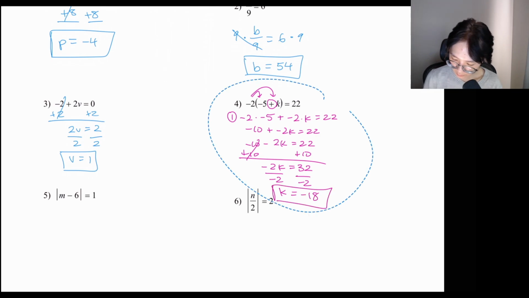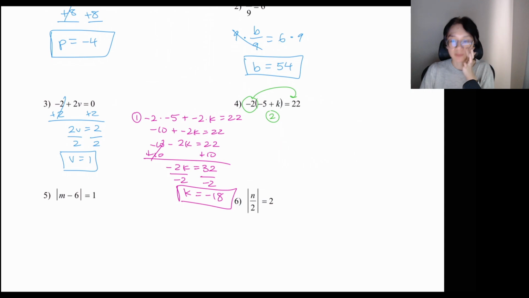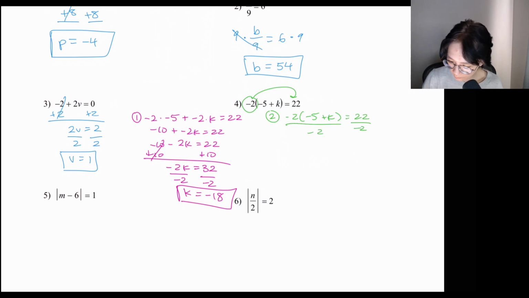Now the second way, we move that to the side real quick so I have more room, is noticing, hey, negative 2 can go into 22 evenly. So I'm just going to divide both sides by negative 2 because it's technically being multiplied. So we have negative 2 times negative 5 plus k equals 22, divide both sides by negative 2.